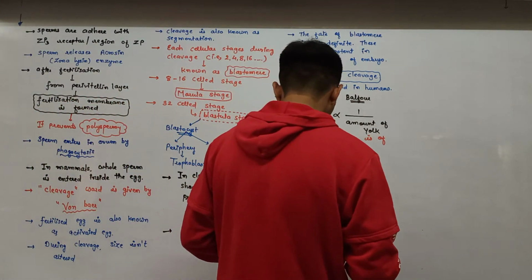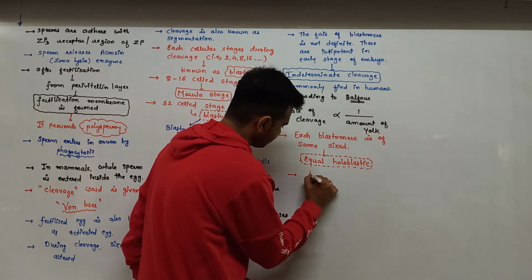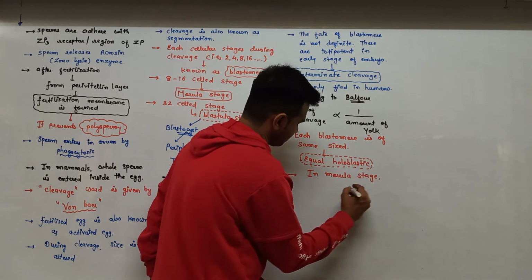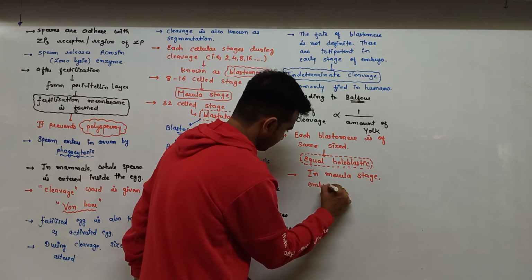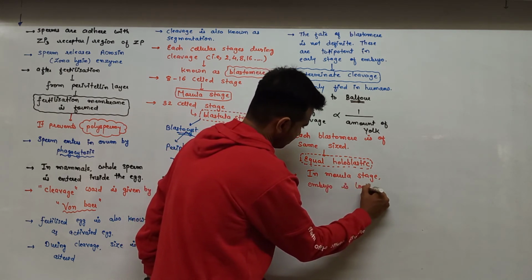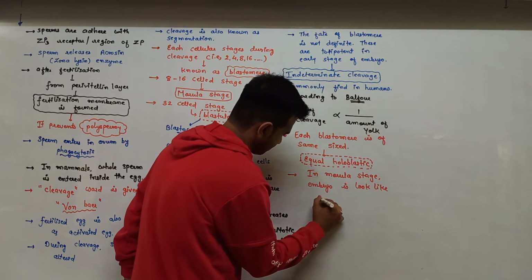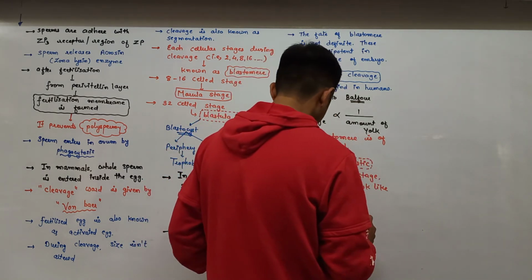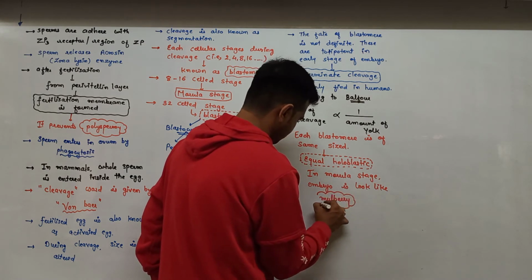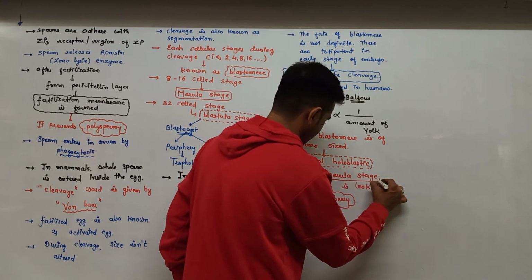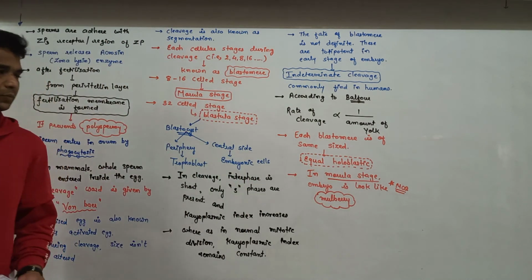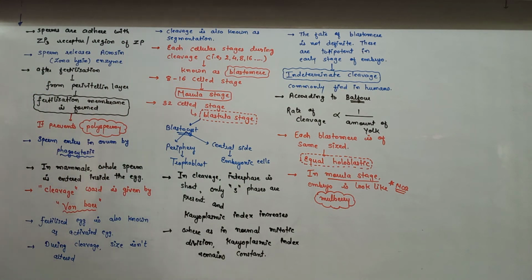In the morula stage, the embryo looks like a mulberry.